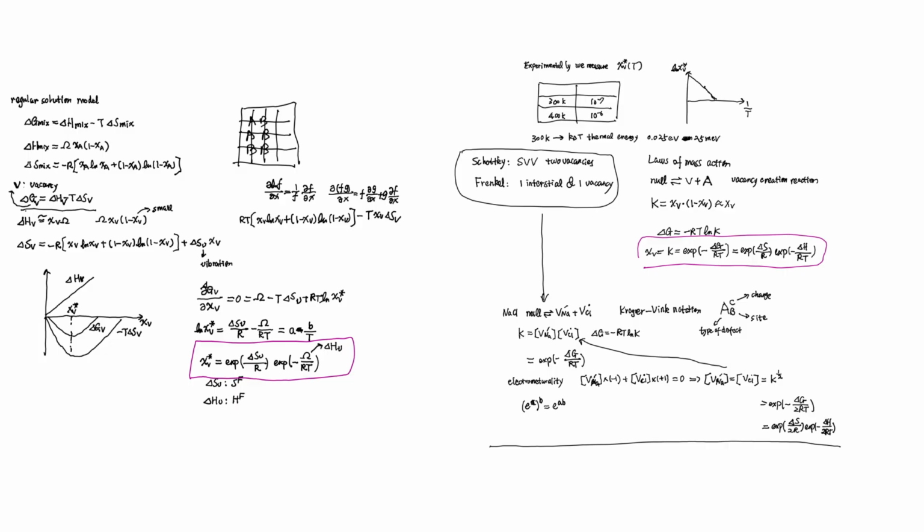So here is how do we extract delta SV and omega if we already know how XV depends on T. Anyone?